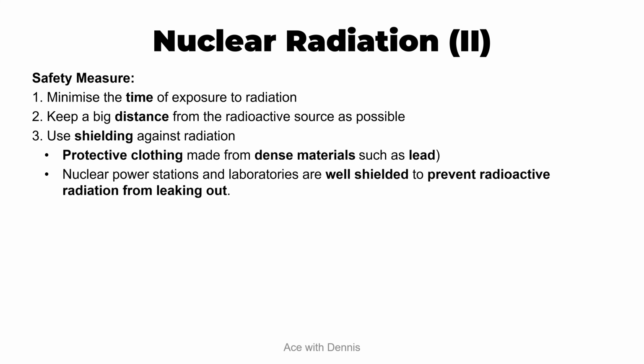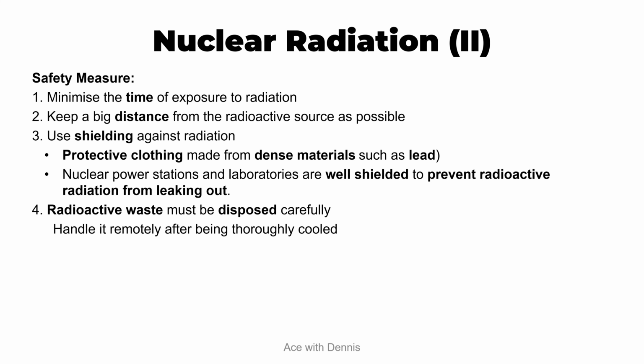Nuclear power stations and laboratories are well shielded to prevent radioactive radiation from leaking out. Fourth, radioactive waste must be disposed of carefully. We handle it remotely after being thoroughly cooled and bury it underground in sealed drums.